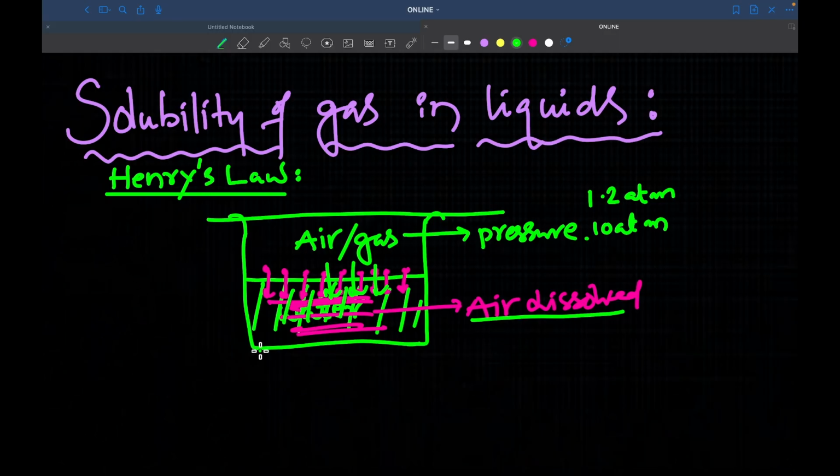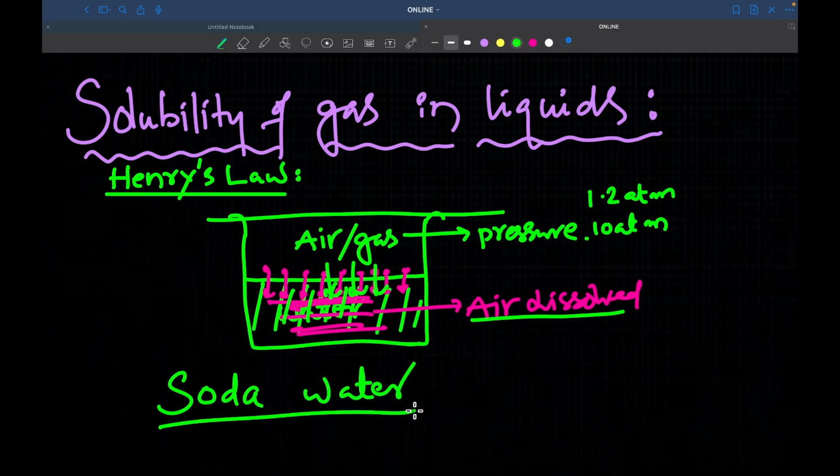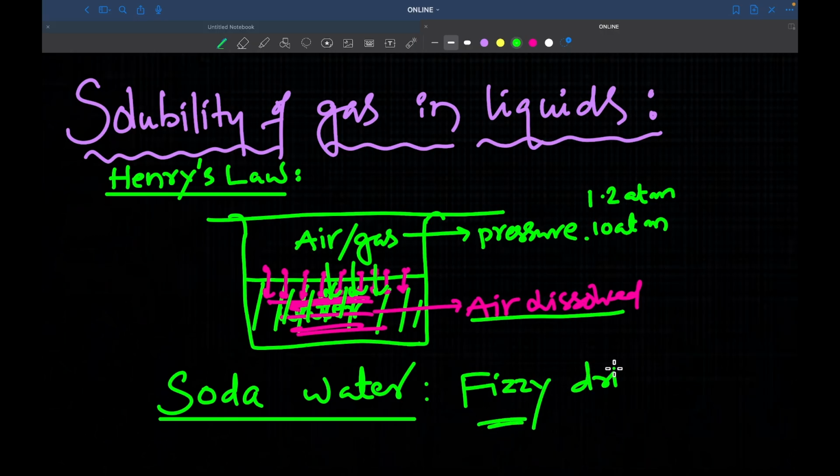The best example for this is soda water. Do you know how soda water is being prepared? Soda water contains what? Or any fizzy drink contains carbon dioxide dissolved in it.